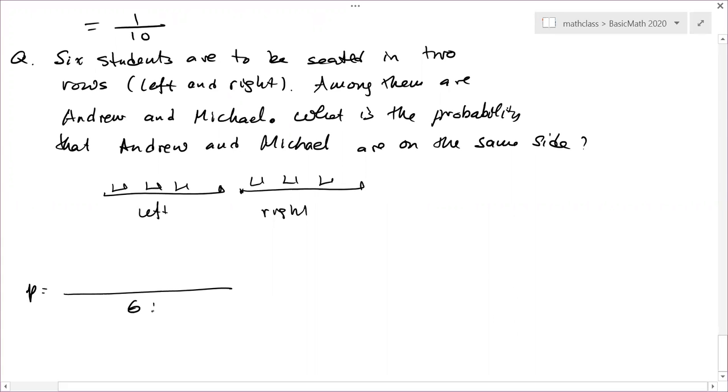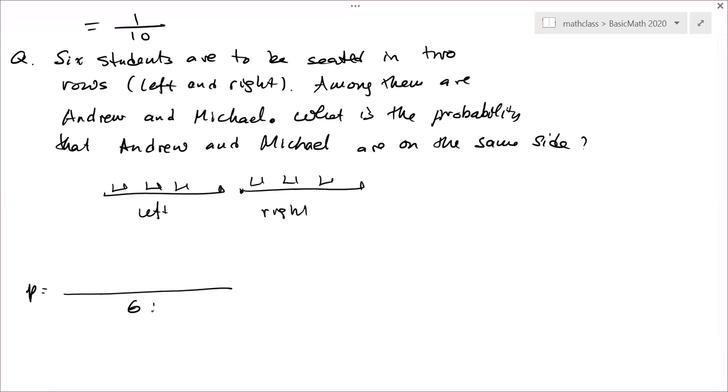So how do you assign the seats? If you're a teacher, you want to randomly assign the seats to 6 students, but you want to make sure Andrew and Mike will be on the same side.